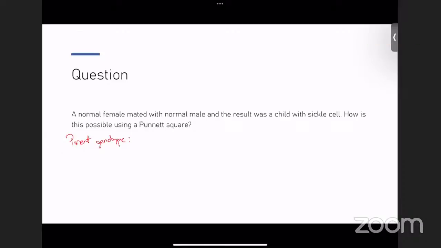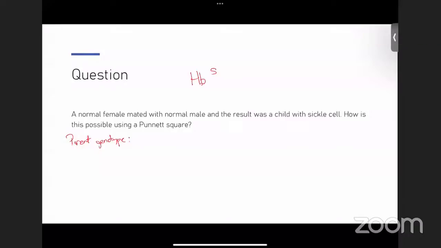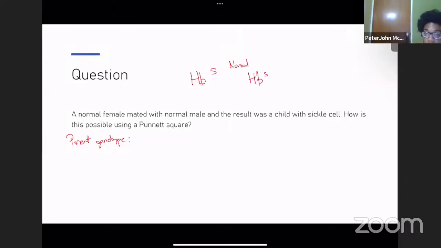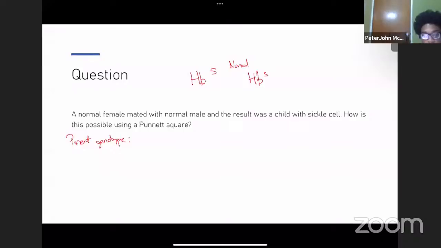When you're representing it, you do this, by the way: HB capital S is normal, and HB small s small s is somebody with sickle cell. I'm just giving you that background information. We can continue now.